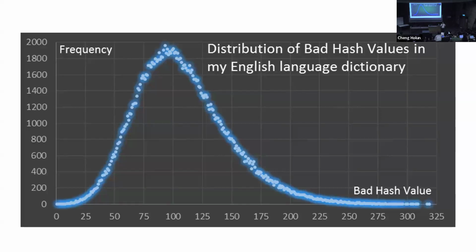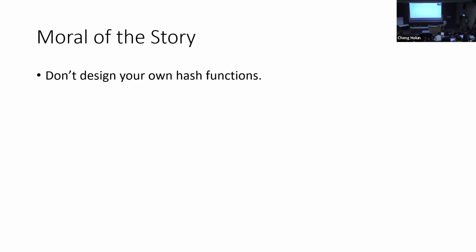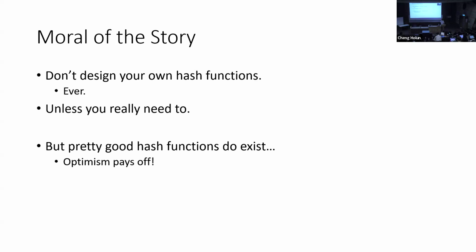Then that means your bucket at the 100 point, the linked list, is very long. So in conclusion, don't design your own hash function, okay? It's very hard. Usually the hash functions in whatever packages nowadays have undergone very long study and experiment.